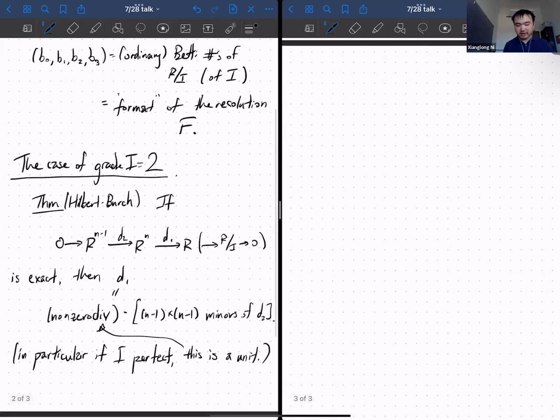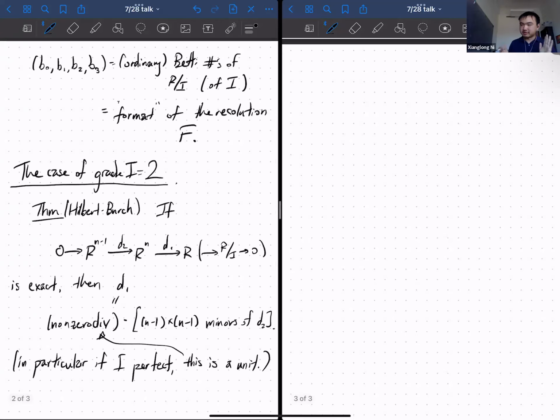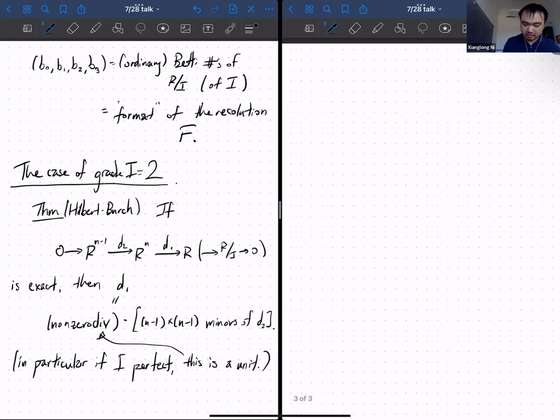An equivalent way of stating Hilbert-Burch, or actually something a little bit stronger, is this: you can define the polynomial ring in indeterminates x_ij and one more indeterminate y.